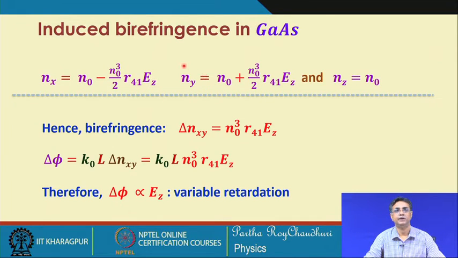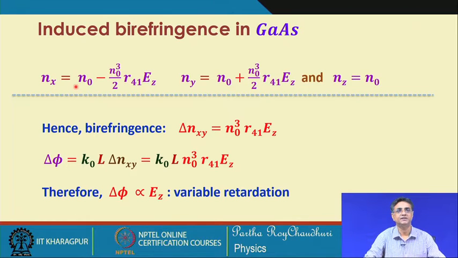In a similar way the refractive index seen by the y polarized light will be this, and for Nz there is no change. So, these are the set of new principal axis system refractive indices.